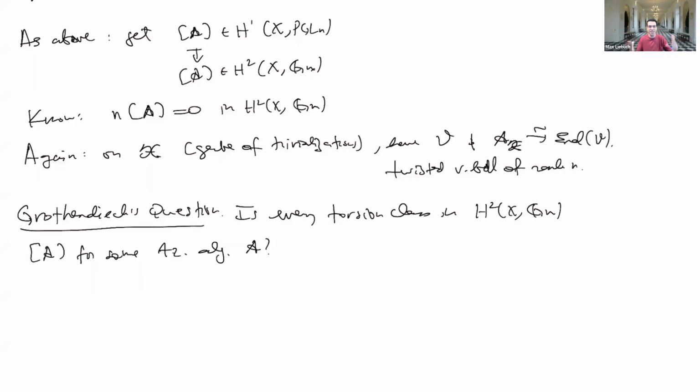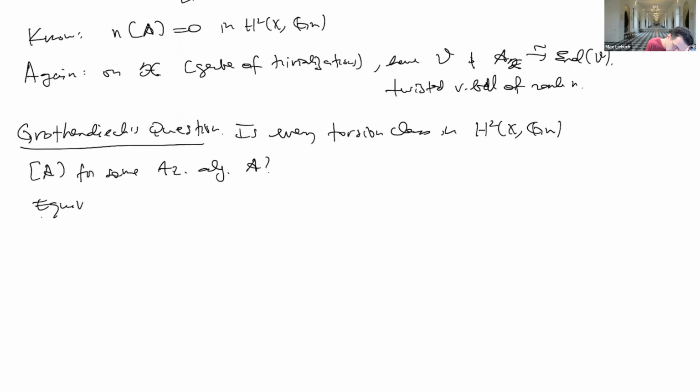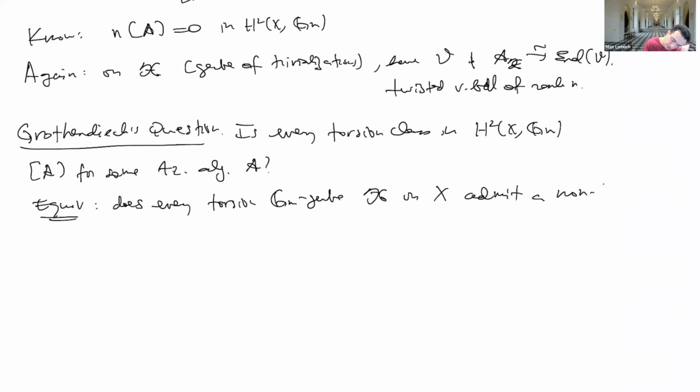And as I've been kind of hinting at in the way I've been talking about these things, and this is what's really fascinating about this, equivalently, does every torsion G_m gerbe curly X on capital X admit a non-trivial, nowhere zero twisted vector bundle?